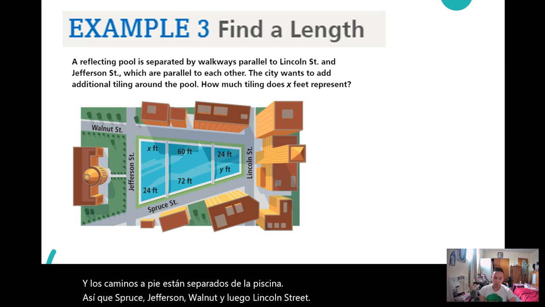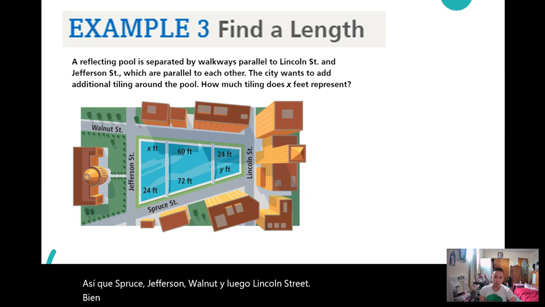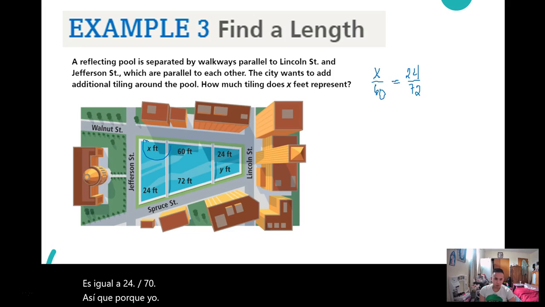Write an equation with x. So I'm going to write x over 60 is equal to 24 over 72. Because this is your x here, over 60, and then we also have 24 over 72.